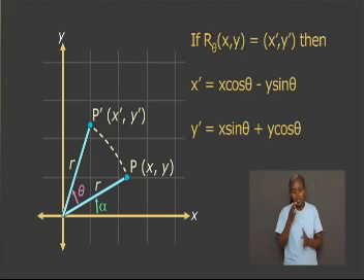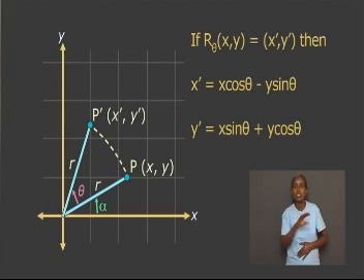If coordinates x and y are subjected to rotation R, then we can calculate x prime by finding the difference between x times the cosine of the angle and y times the sine of the angle.